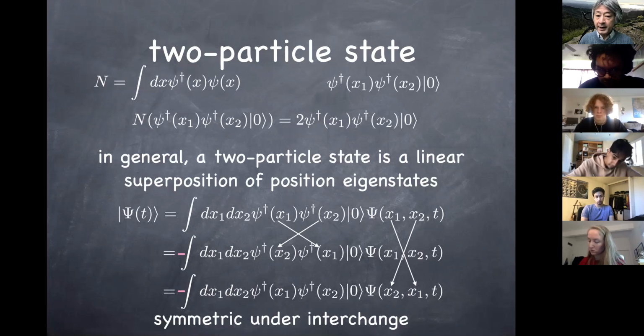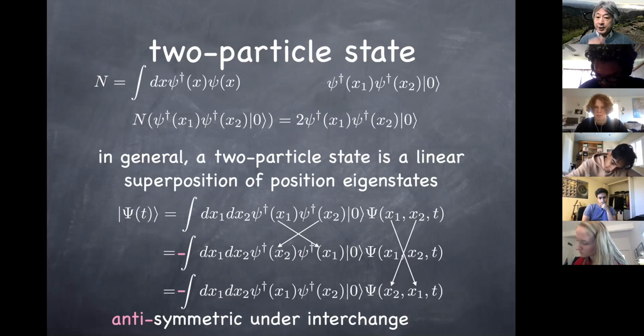So again, by comparing the first line and the third line, it just amounts to interchange of two arguments in this coefficient function capital psi. But when you interchange the order of these two arguments, you have a minus sign. So that means this coefficient function capital psi is anti-symmetric under the interchange of arguments. And you can see immediately that if you have n particle states, then I use this creation operator n times.